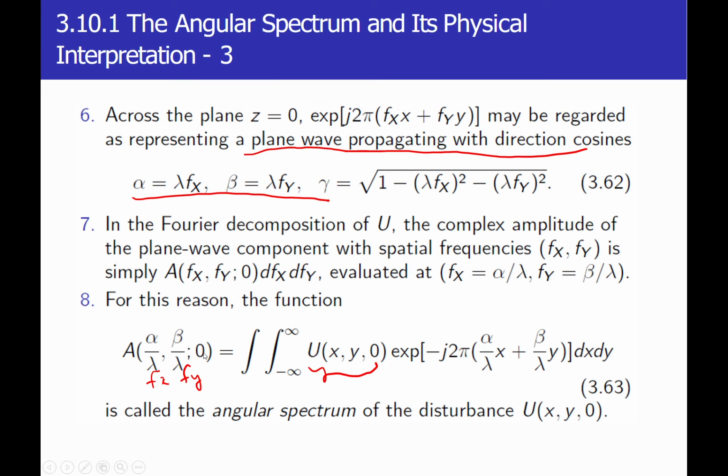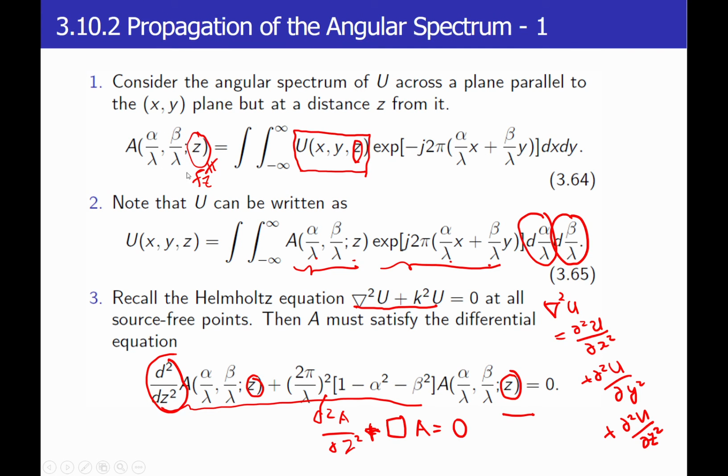This is a very important viewpoint. If you look at it, this is alpha over lambda, beta over lambda. In other words, this is the Fourier component fx and fy, but this is the spatial coordinate z. So what we want to know is, once we know this for arbitrary z, we can find u(x,y,z).